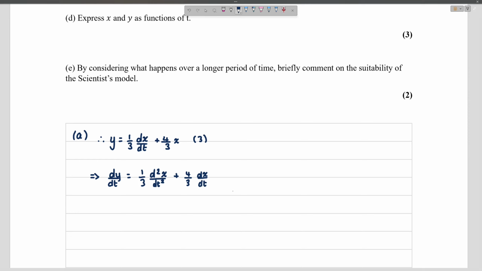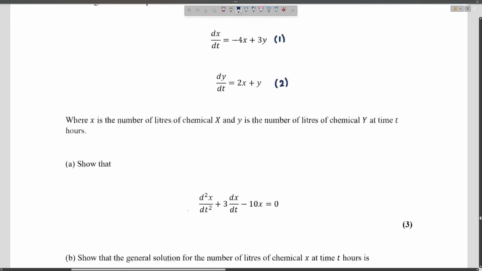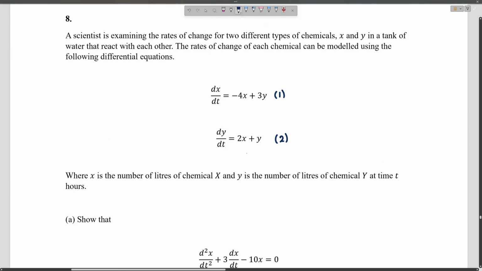Okay. What I'm now going to do is substitute this into equation 2. So now sub into equation 2.